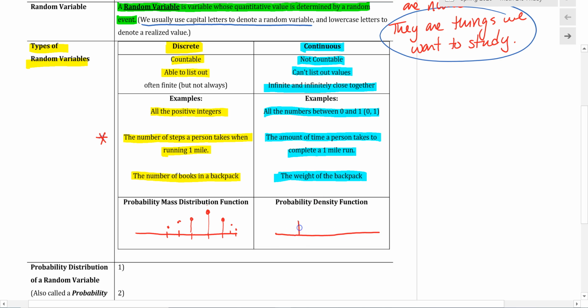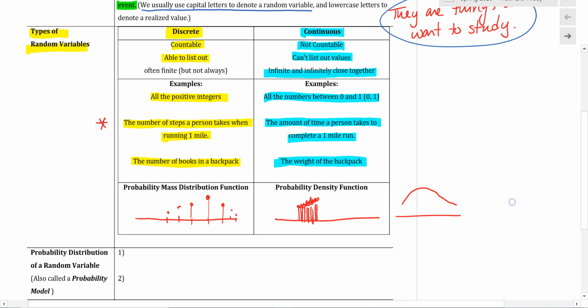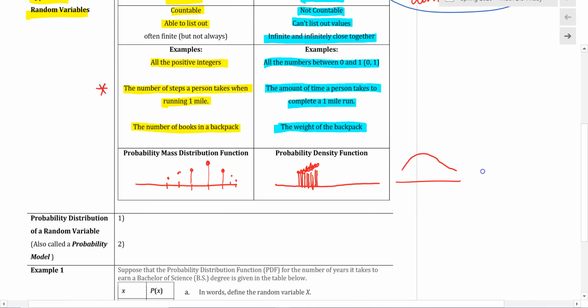So in other words, I'm trying to cram infinitely many dots here, right next to one another. And what happens when you end up doing that is you end up just getting a smooth connected curve. There's no space in between the dots because there's infinitely many numbers in between each dot.